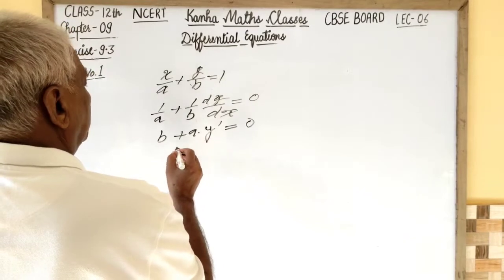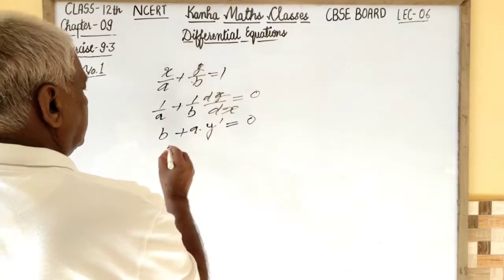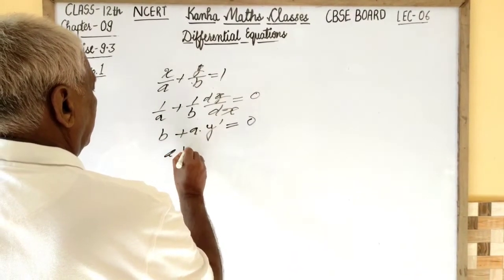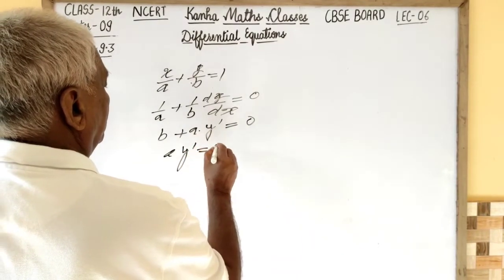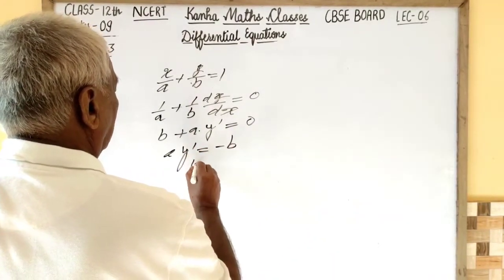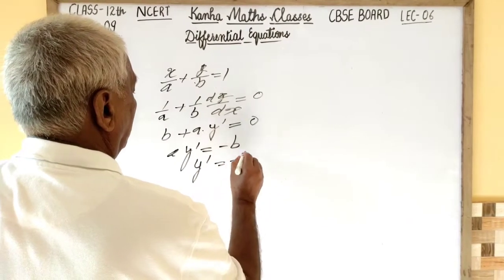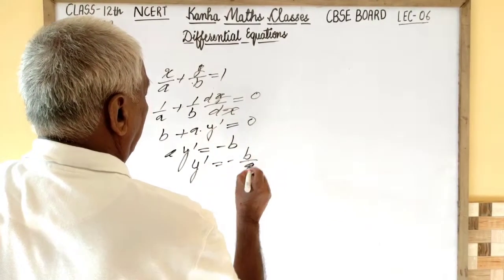If you transfer the sides, you get a y dash is equal to minus b, or y dash is equal to minus b by a.